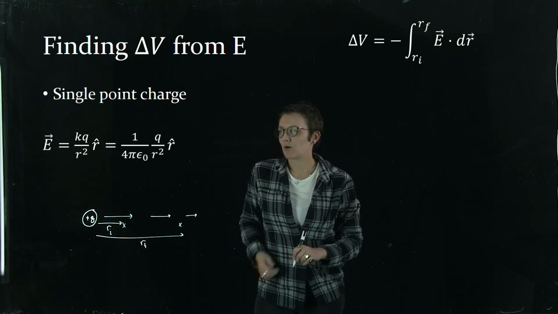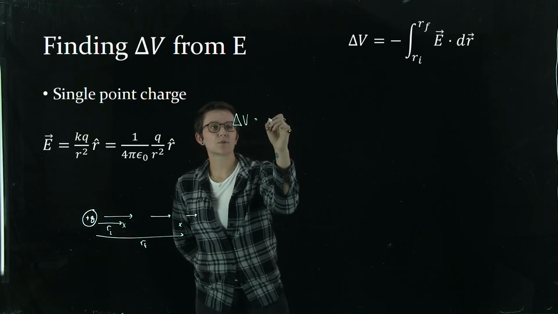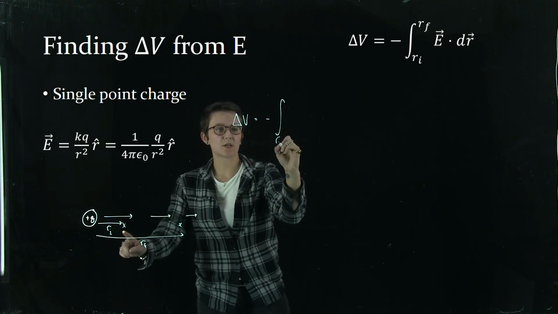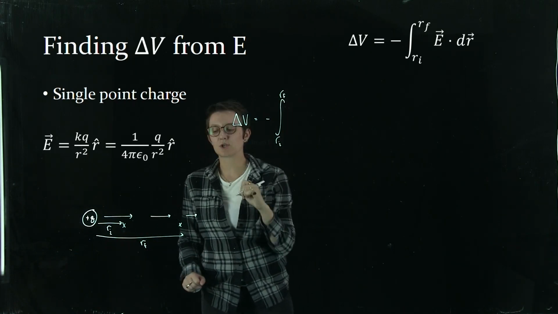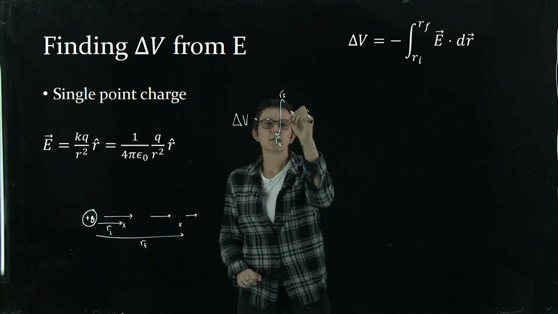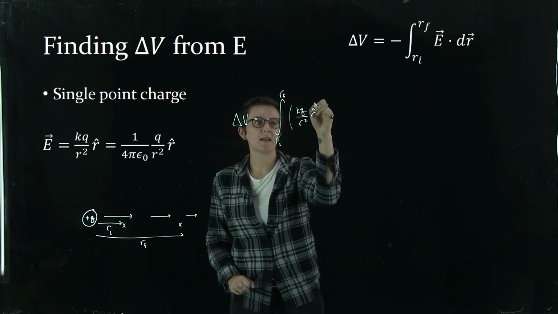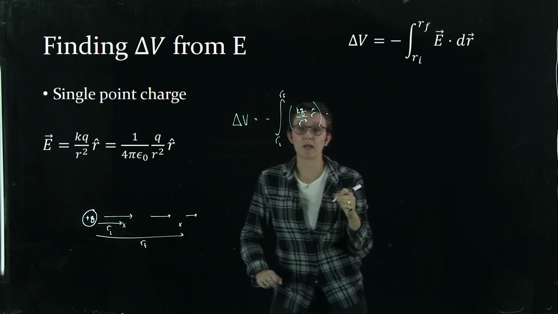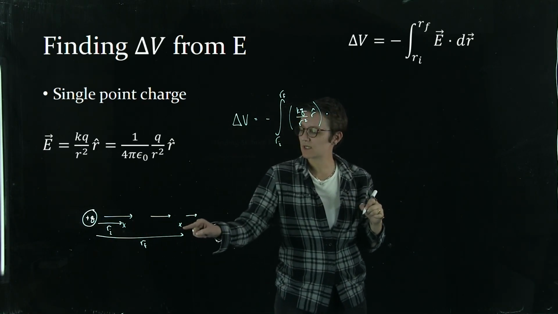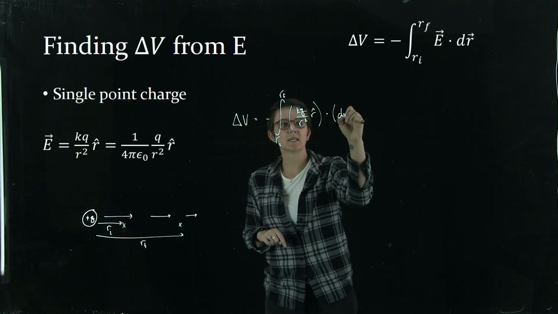Okay, so let's take our delta V here, which is equal to the negative of the integral from this initial position Ri to this final position Rf. And I'm going to plug in my expression for E here. So I've got kq over r squared r hat, and that's dotted with the path dr. And I'm moving from this position to this position in the positive r hat direction, so I'm going to write dr r hat.